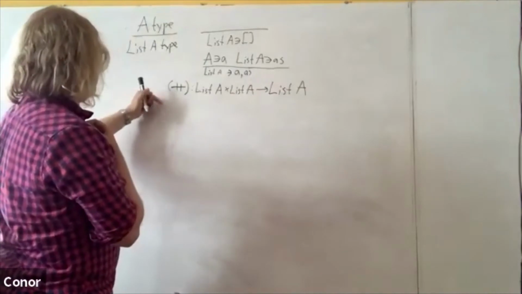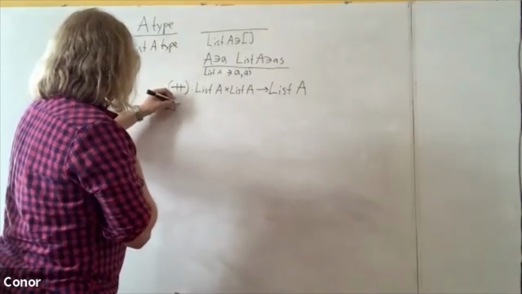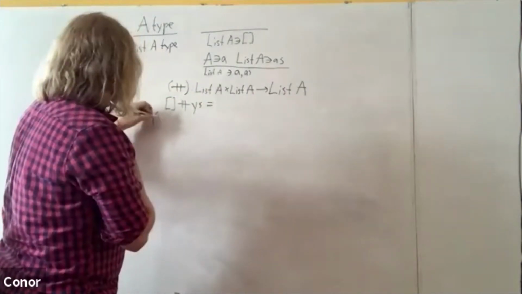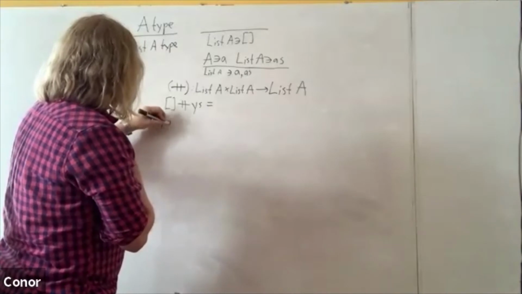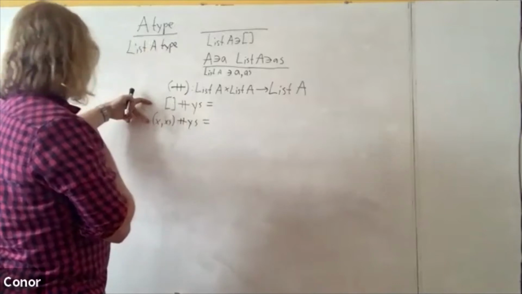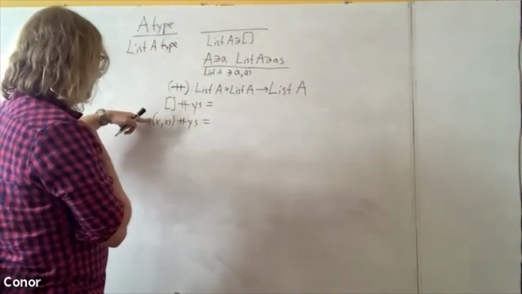And then I do this by saying, what is the empty list appended to something, and what is x comma x's appended to something. So I have to give each of the cases, and I'm choosing to focus on the first list here.